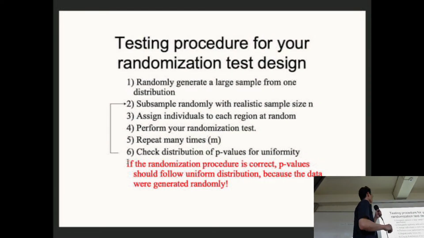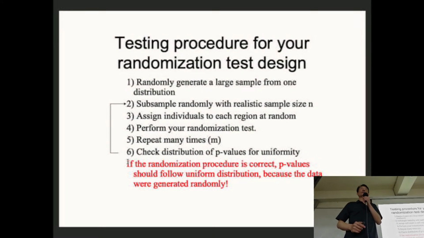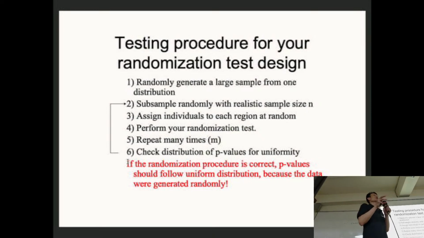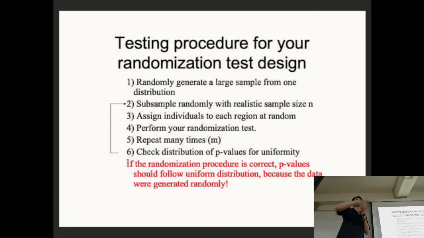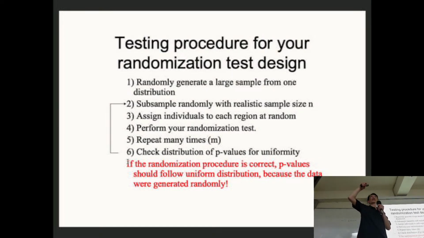So I can subsample randomly with realistic sample size. In the ANOVA, I may subsample 3 data sets from one big randomly generated population, and I choose 3 randomly. Right? Because then the 3 data sets are actually the same.